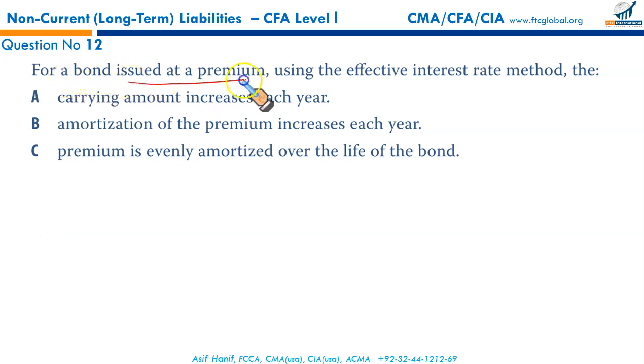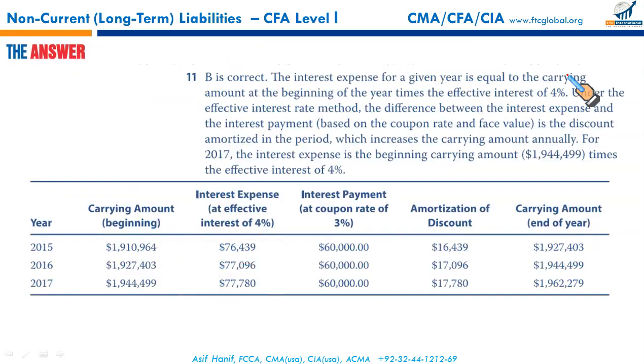For a bond issued at premium, using the effective interest rate method, the carrying amount increases each year. Yes, we discussed this while studying. You can see right here, your premium, your discount both increase every year. If it's a discounted bond, your amount of discount amortized every year increases. If it's a bond issued at premium, the premium amortized every year will increase.